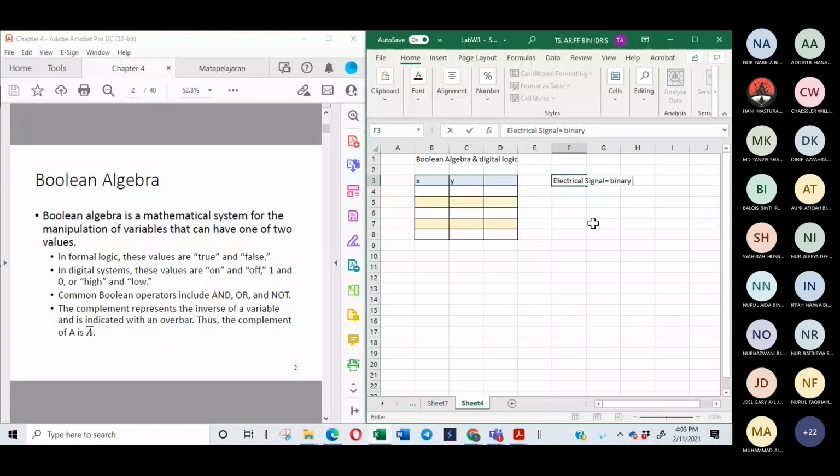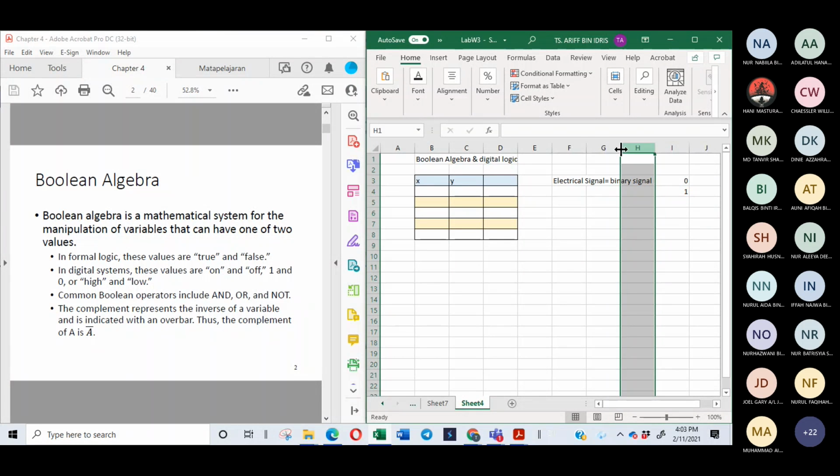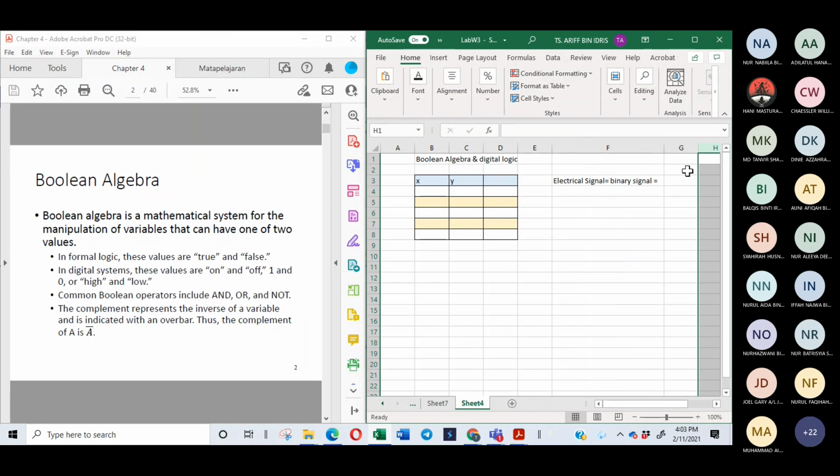A binary signal consists of two discrete values, which is either 0 or 1. So you can copy this one first.